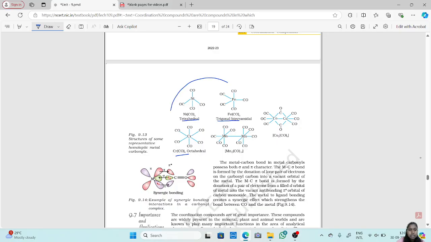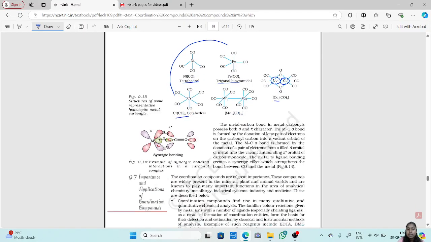These three are the simple compounds, whereas you have Mn2(CO)10, where two manganese atoms are joined, each with 5 carbonyl ligands, and Co2(CO)8, where two cobalt atoms are paired, with 8 carbonyl ligands.